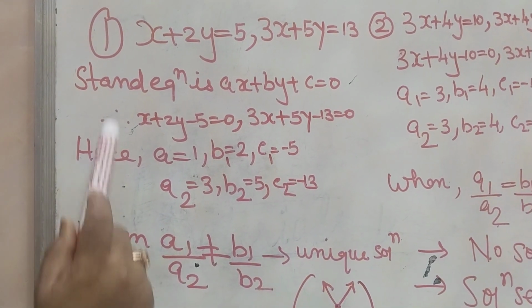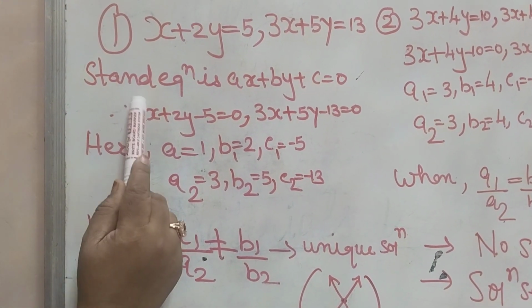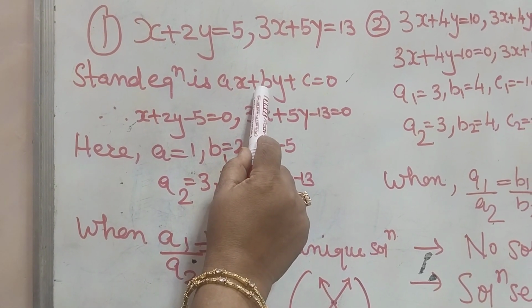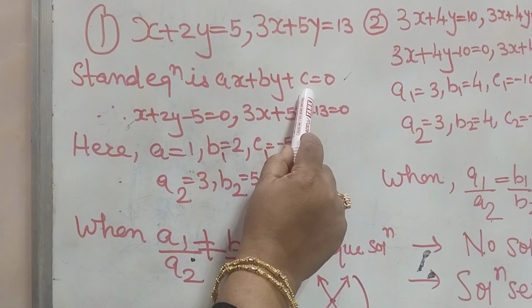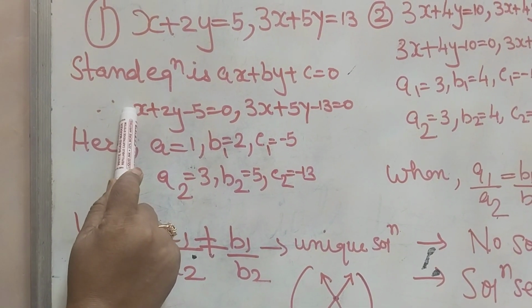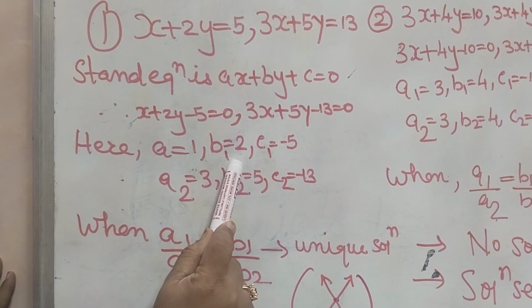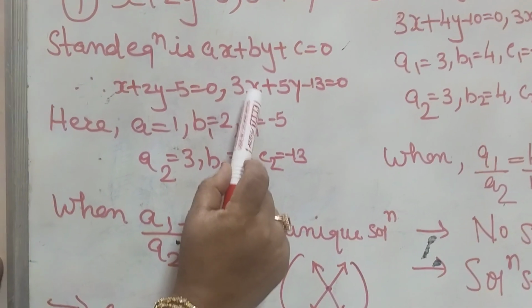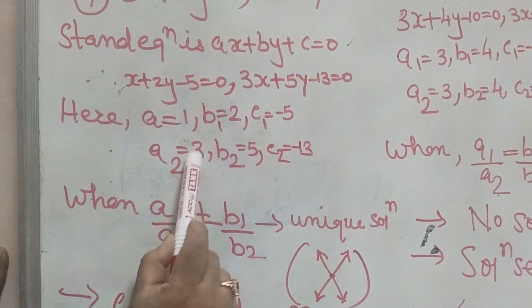Now as you know that the coefficient of x is a, the coefficient of y is b, and c is a constant term. So accordingly here a1 is what? 1, b1 is what? 2, c1 is what? Minus 5. In the second equation, what is a2? 3.